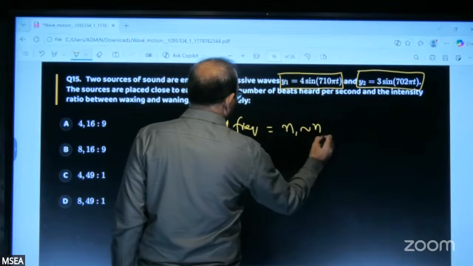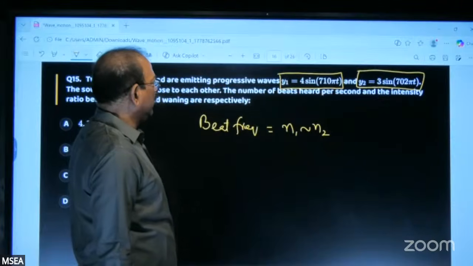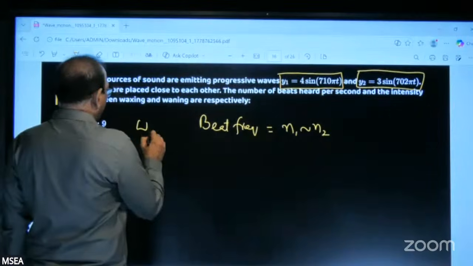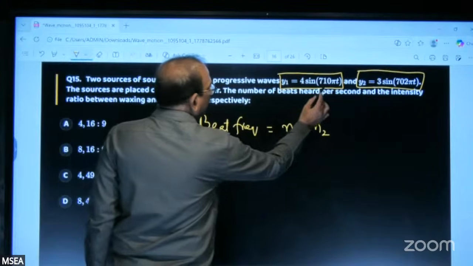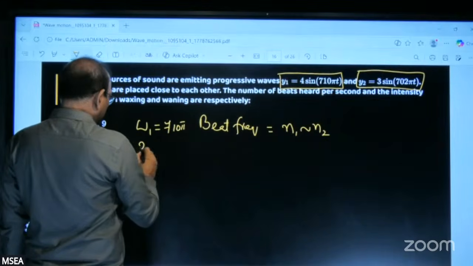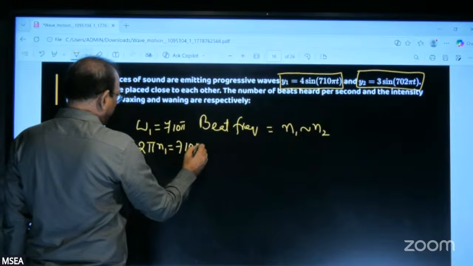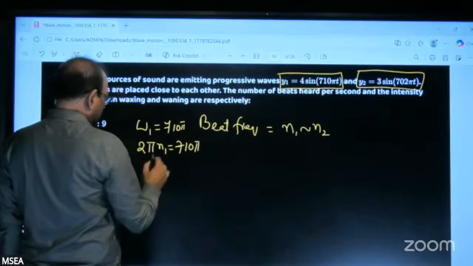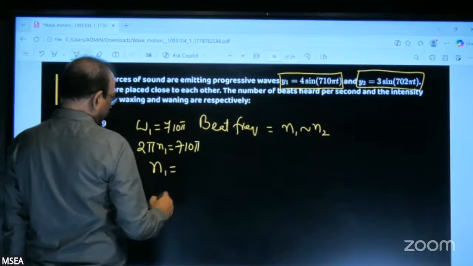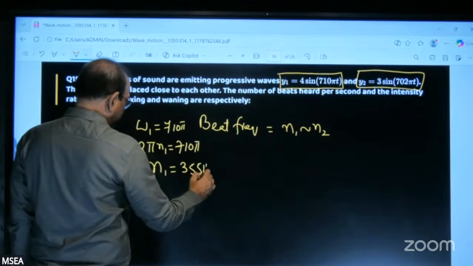N1 minus N2, the difference of the frequencies of the two waves, is the number of beats per second. Find it. Omega 1 is 710 pi. 2 pi N1 is 710 pi, pi cancels, 710 by 2, 355 hertz you will get.